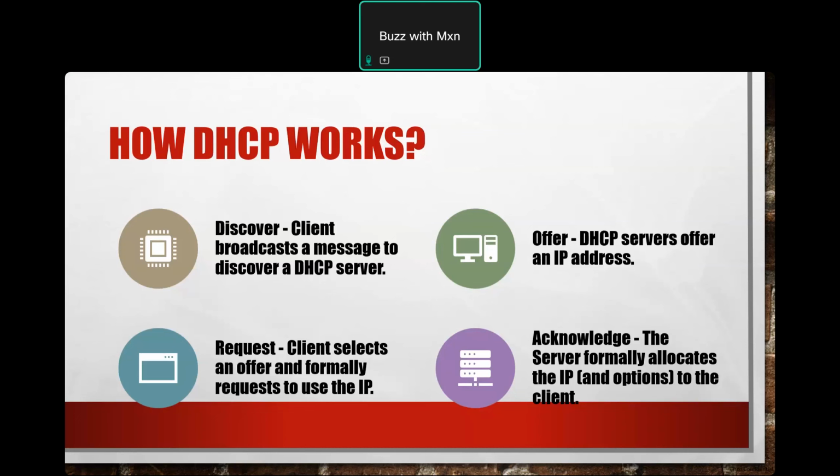There are various things given by the DHCP server to the DHCP client, such as the DNS server address, the subnet mask, and the IP address itself, and various other things that we will discuss further.